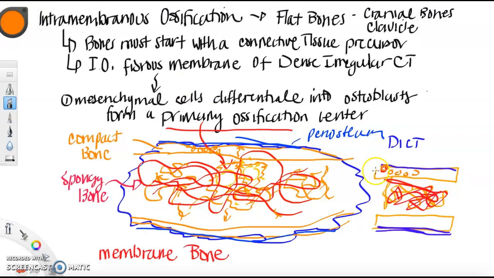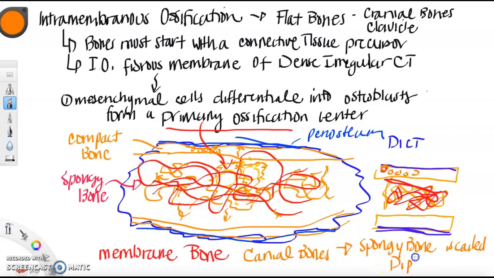All right, in the cranial bones, the spongy bone is called diplo.